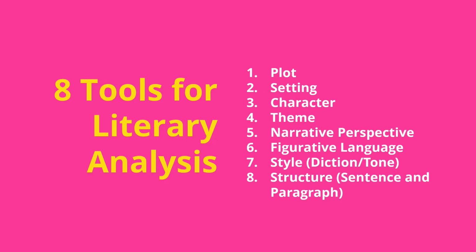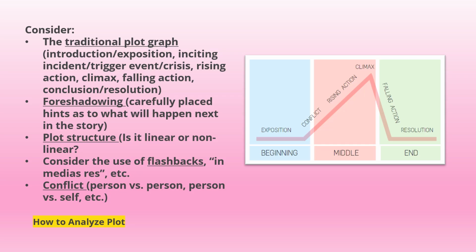There are eight tools for literary analysis: plot, setting, character, theme, narrative perspective, figurative language, style, and structure. Now let's talk about each of these tools. How to analyze plot.